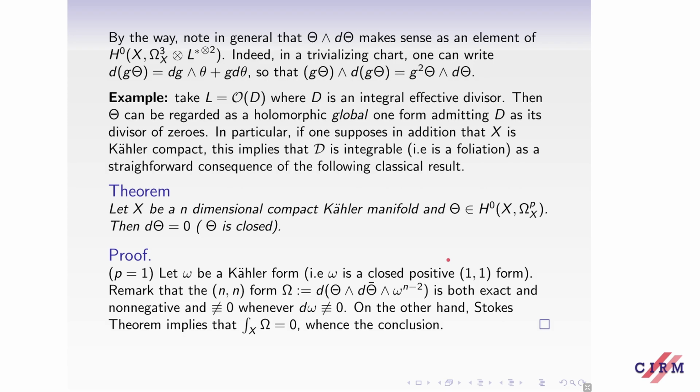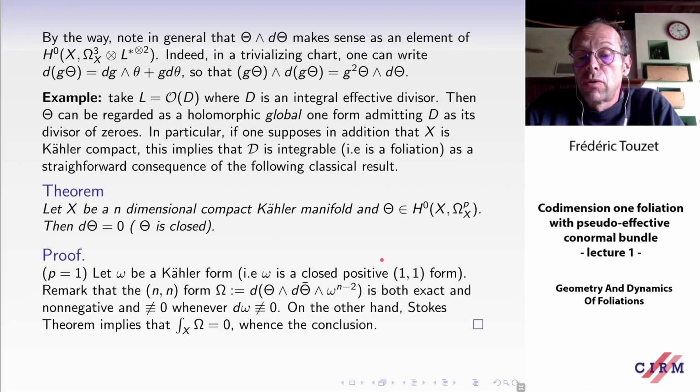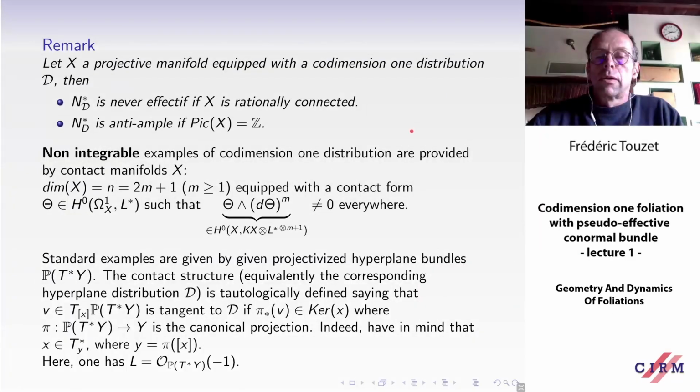And following the same principle, one can show that every n minus 1 holomorphic form on an n-dimensional complex compact manifold is closed.